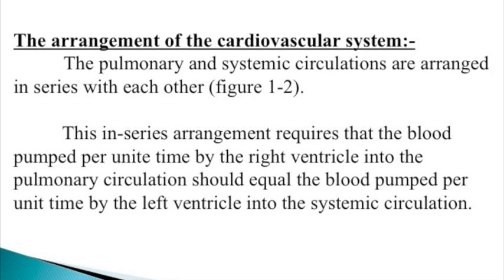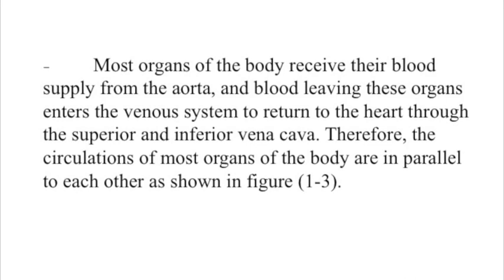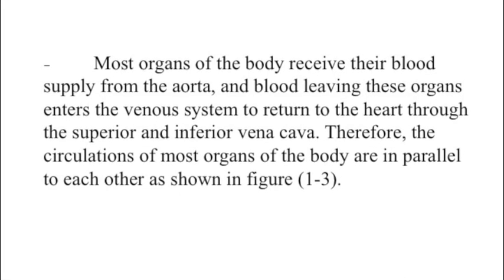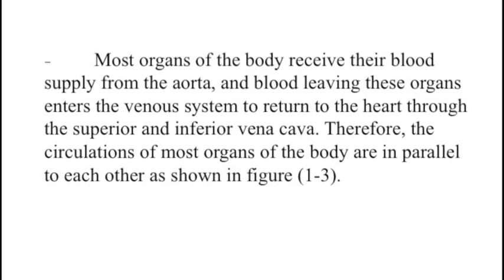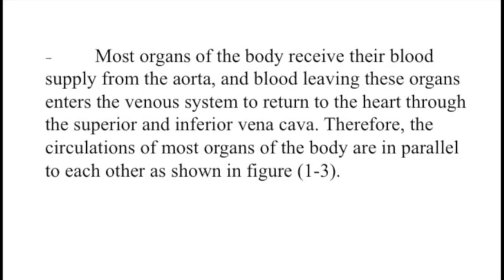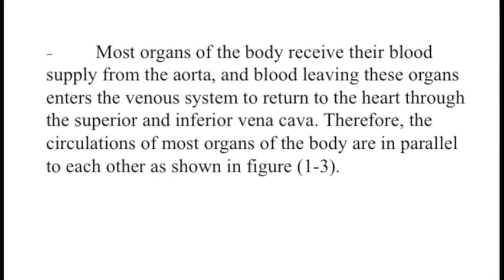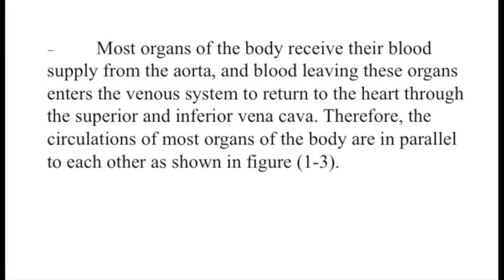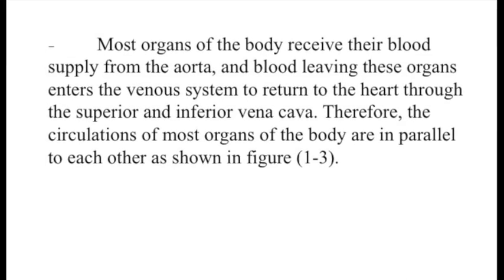Keep that in mind. Slide 16 will tell us that most organs of the body receive their blood supply from the aorta, and the blood leaving these organs enters the venous system to return to the heart through the superior and inferior vena cava.